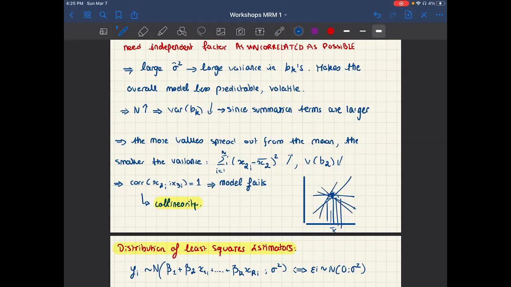Whereas if they're really spread out across like something like this, it's much easier to estimate a line through the data points. You probably saw that with the linear regression model as well.